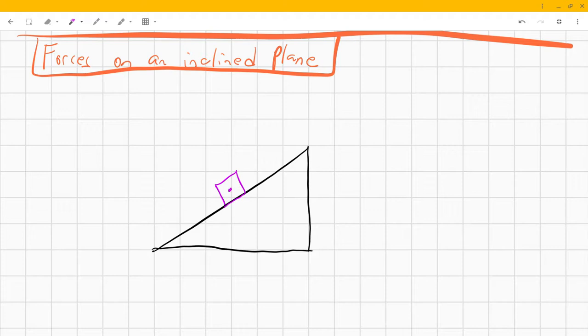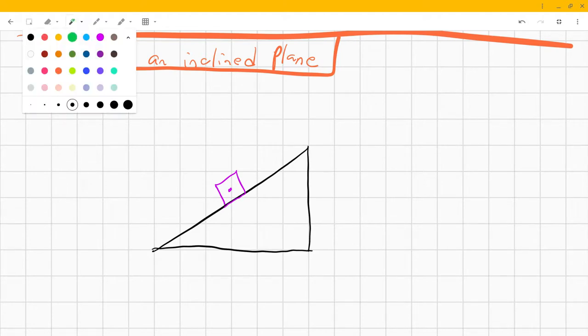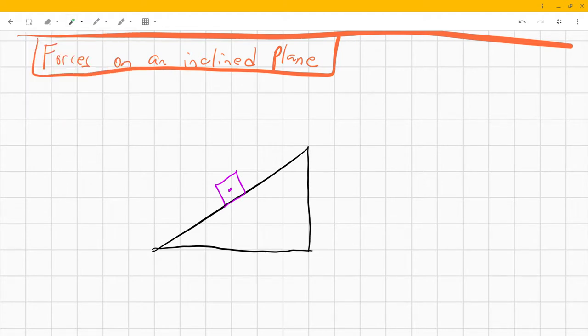Okay. And now, before we do any math, we can start labeling the forces on here. So we know that gravity itself is just going to be pulling straight down, right? So that's Fg. But gravity is also going to pull down this way. So that's also gravity. And then gravity is also pulling the box directly onto the surface. So that's also gravity.